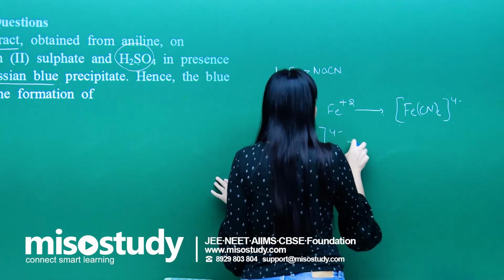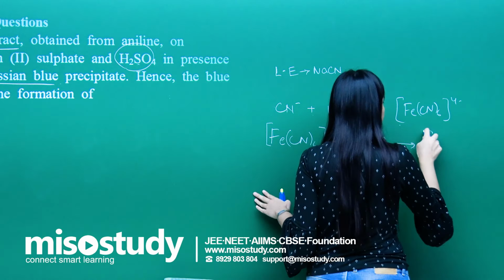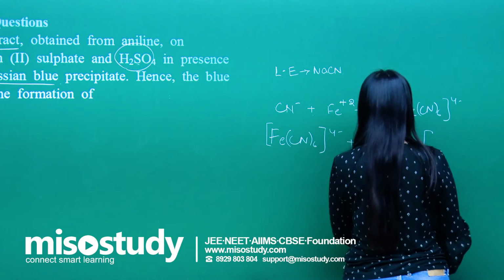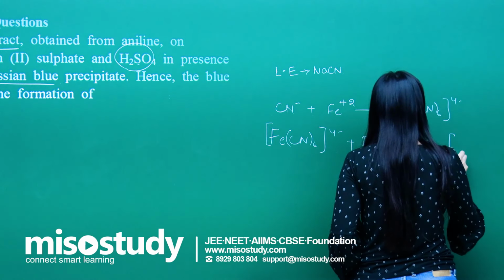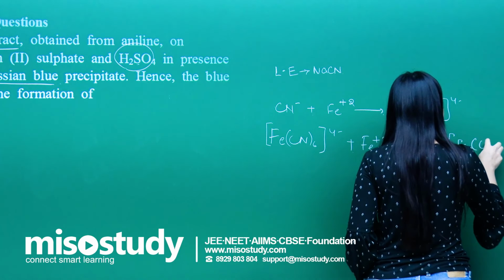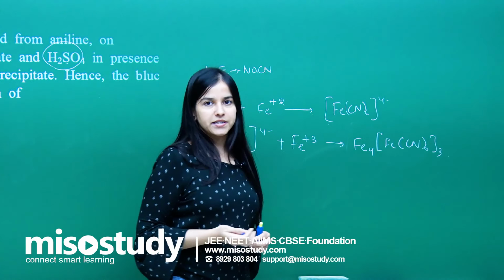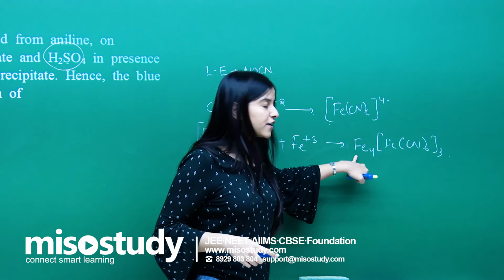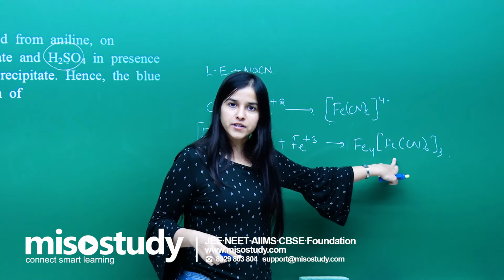[Fe(CN)6]4- plus Fe3+ ions giving the compound Fe4[Fe(CN)6]3. So, that is what we are getting. Ferrocyanide, right? Ferri stands for the ferric over here, ferro stands for the ferrous over here, right?